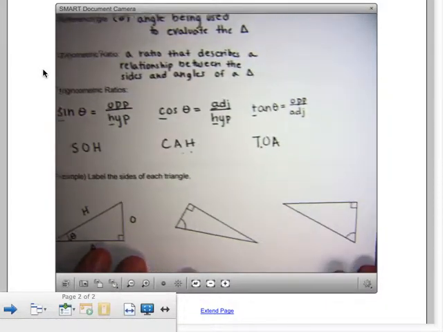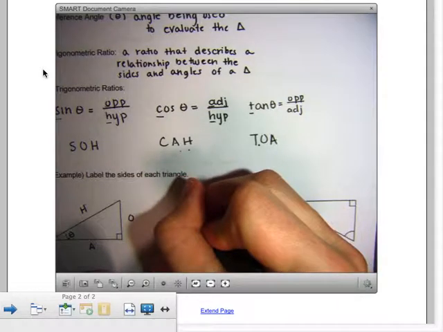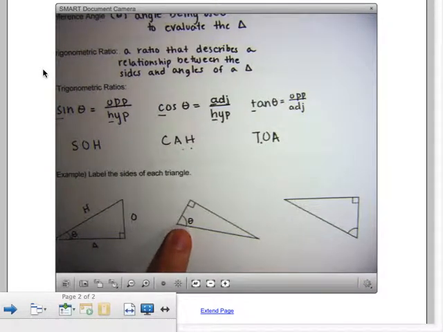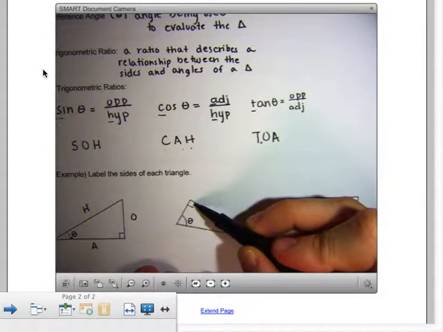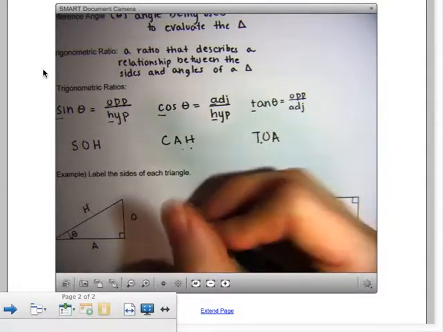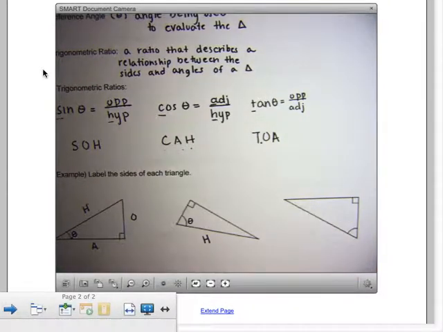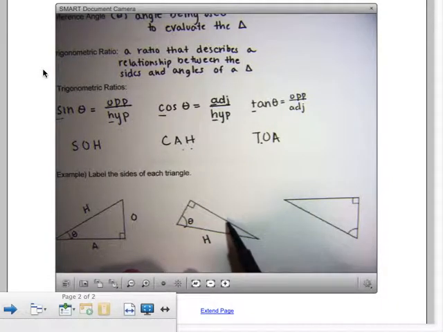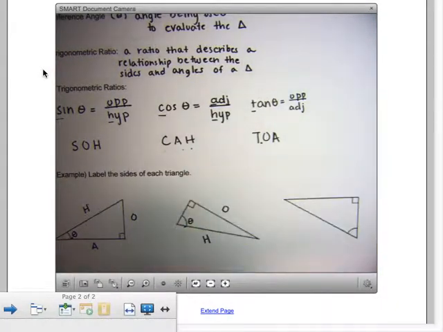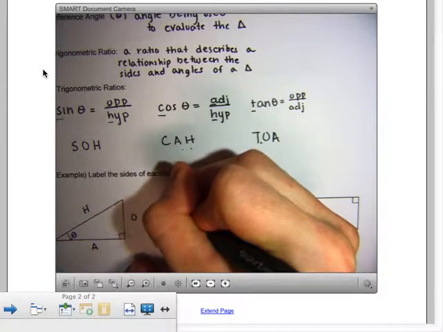So if we look at the second one, this means my angle again, so I'm going to go ahead and label it theta. So if we start with hypotenuse, here's my 90 degree. If we go across from it or opposite of it, we're over here, so this would be hypotenuse. Okay, here's theta, so across or opposite of theta is this side right here, so this would be the opposite side, and this is the adjacent.